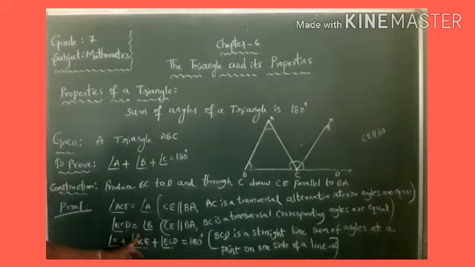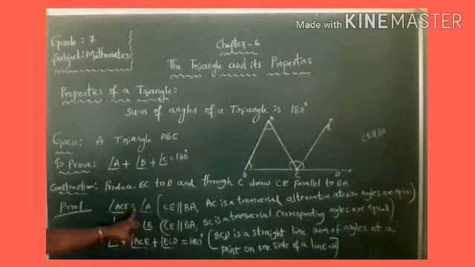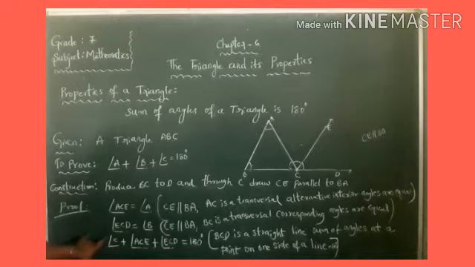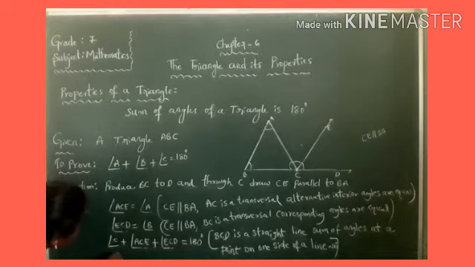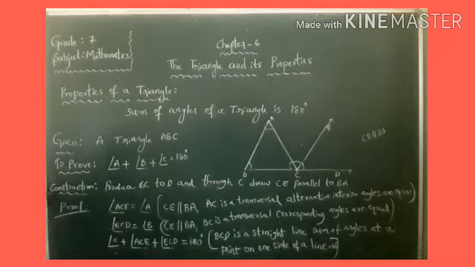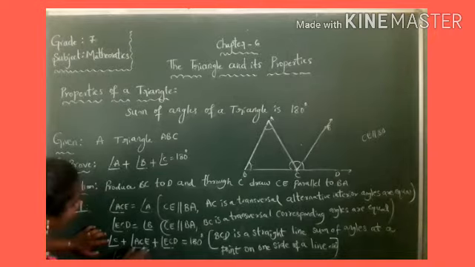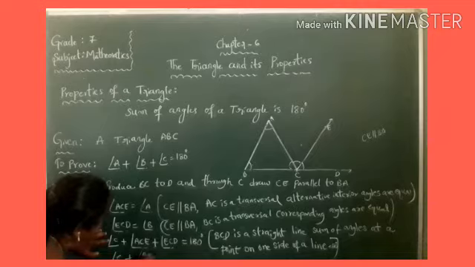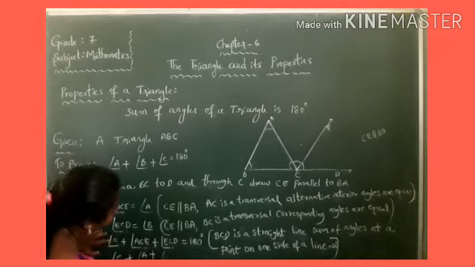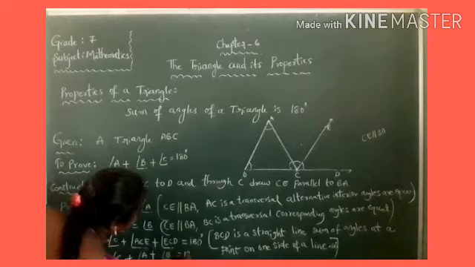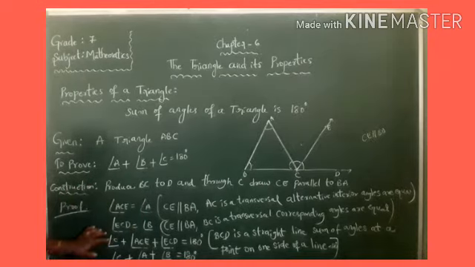So from 1, 2, 3, or otherwise using 1 and 2, substitute these values. So what will you get? Angle C plus angle A, angle ECD is equal to angle B, is equal to 180 degrees.